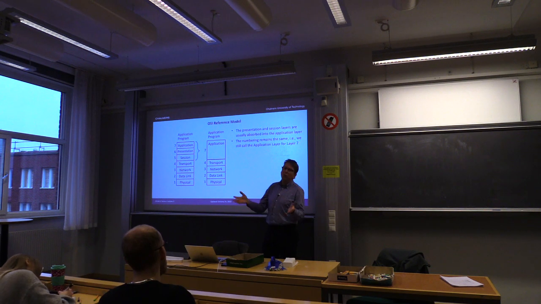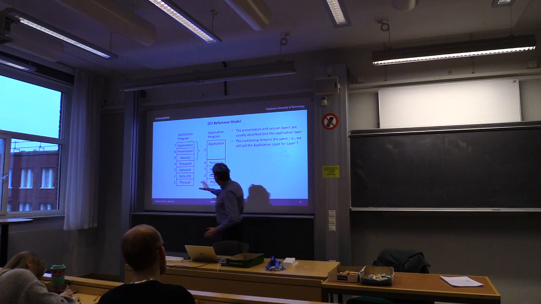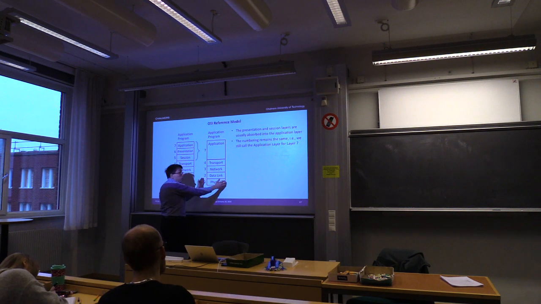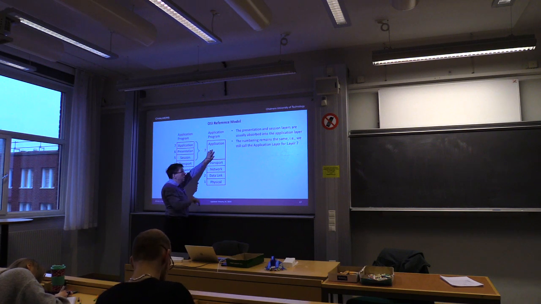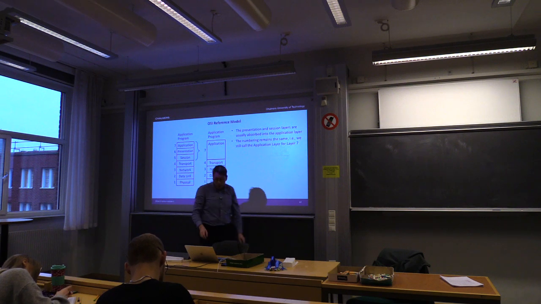Okay. It's not super important, but that's how it is, right? So what's on the right-hand side here is basically what we typically talk about when we talk about the OSI model, and this one sort of merged the functionality of these two layers in it. Okay.